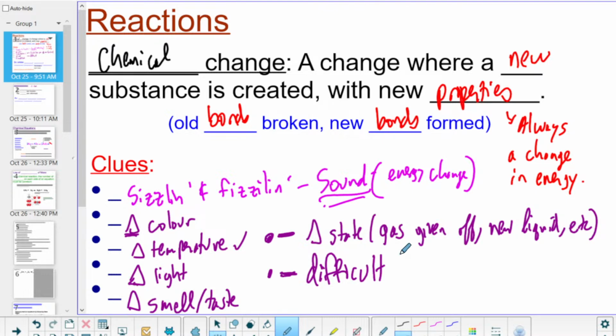But have you done in biology what defines life? Yes. So you have a series of clues. So what are the signs that something's living?